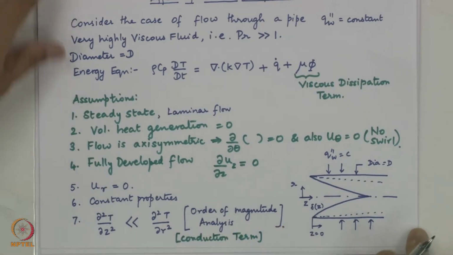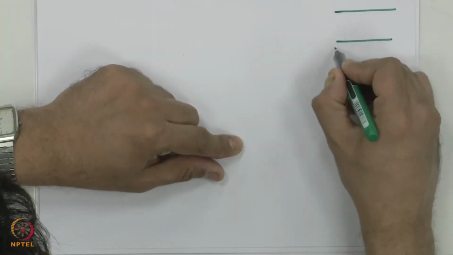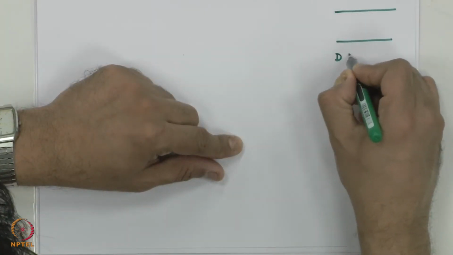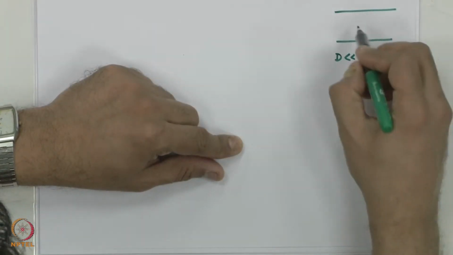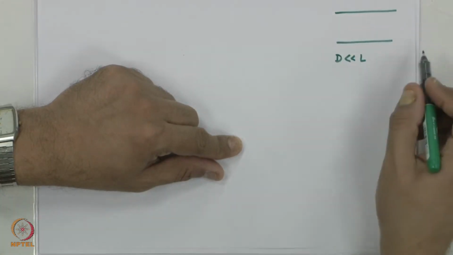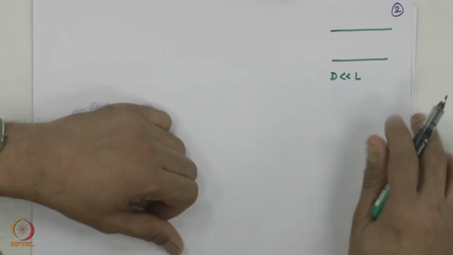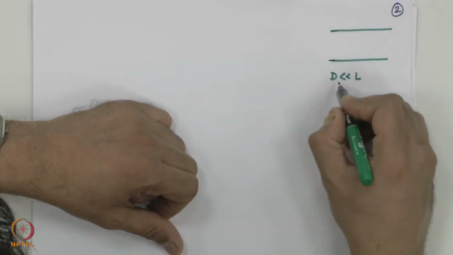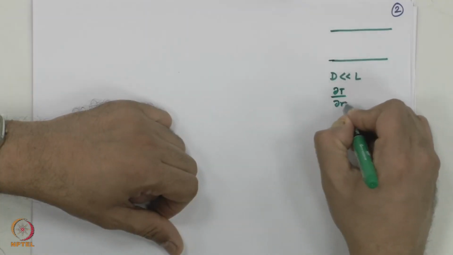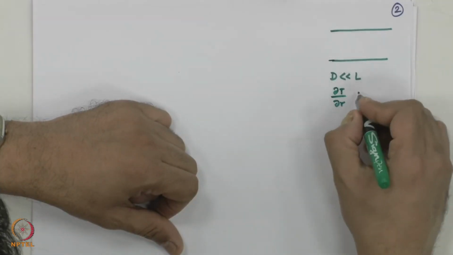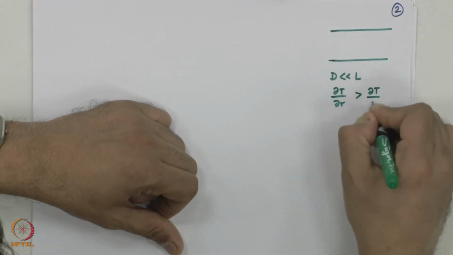All we are trying to say is that for this flow, R or D is much smaller than L, first of all. So, we are talking of pipes where the diameter is quite small compared to the length of interest, and the dt by dr is going to be greater than dt by dz.